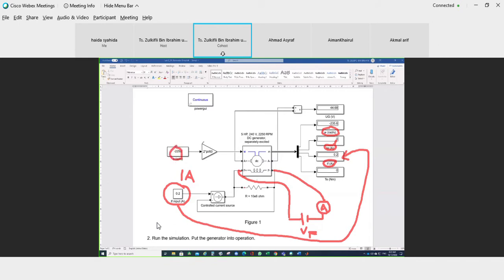Sebab apa? If kita bagi negative sign, then we will get here the positive, U terminal tadi. And kalau bagi positif, so you will get here will be the negative. So kita balik dah macam tu.